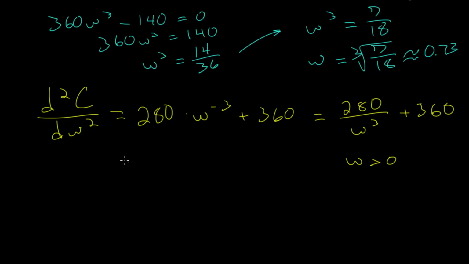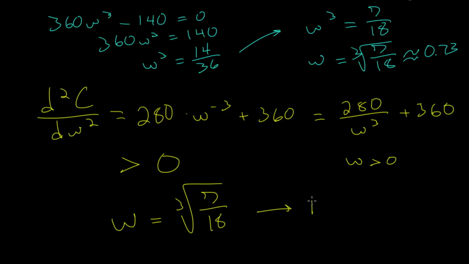So the second derivative is always positive, which means that this w value of the cube root of 7 over 18 is in fact a minimizing value. We have the minimum here. Or I should say this value for w gives us the minimum cost of building this box.